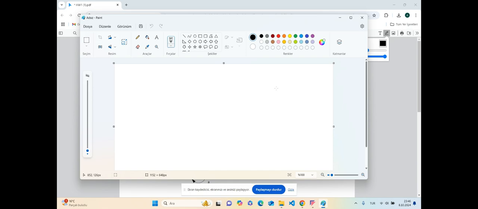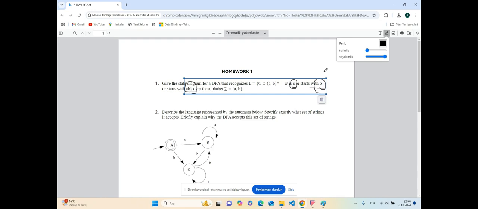The deterministic finite automaton has four states in this question: Q0, Q1, Q2, Q3. And we will have three accepting states. Why three accepting states? Because I said we can start with epsilon, B, and AB.